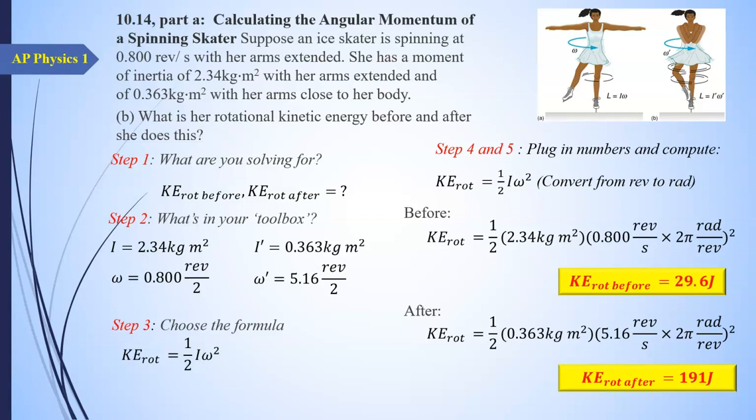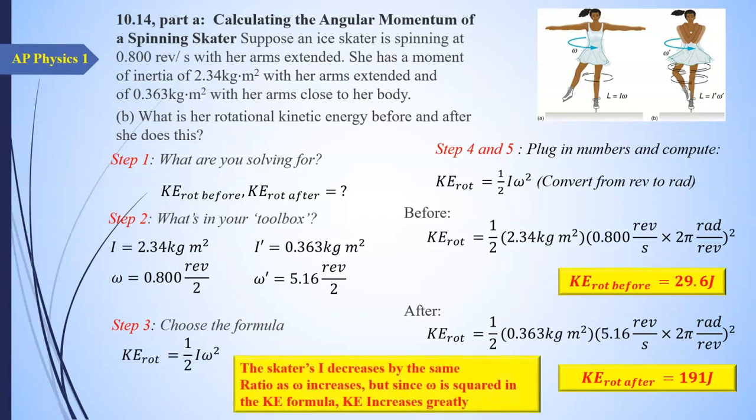And again, that's because it's not a simple ratio like it was for momentum in the last problem. You're cutting your moment of inertia, your rotational inertia, but you're increasing your angular velocity, and then you're squaring that. So that means that it's going to go up much, much more. And so you see a considerable increase in kinetic energy.